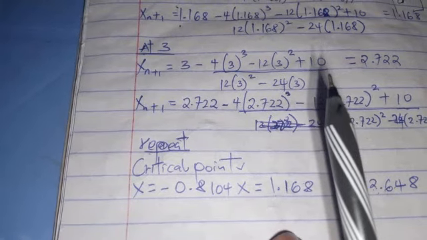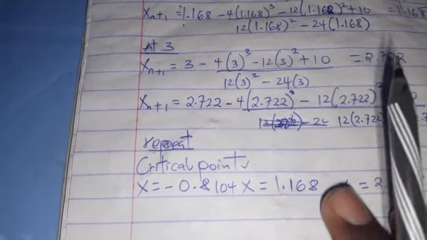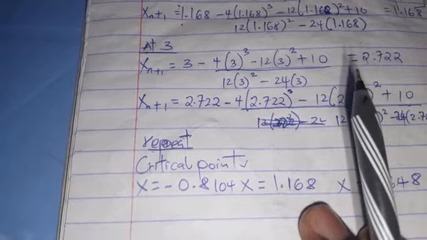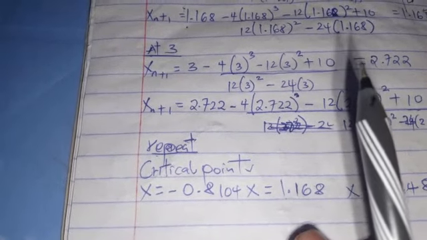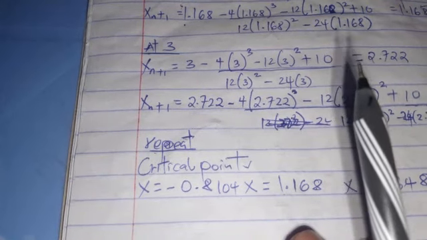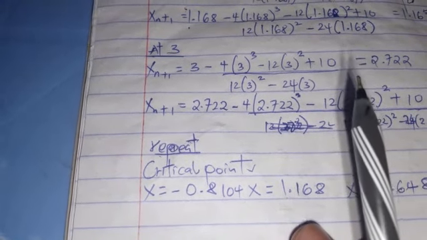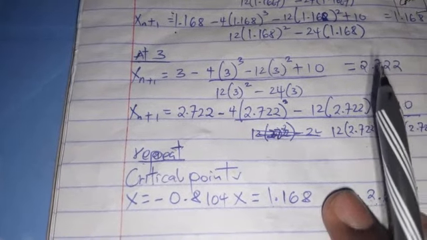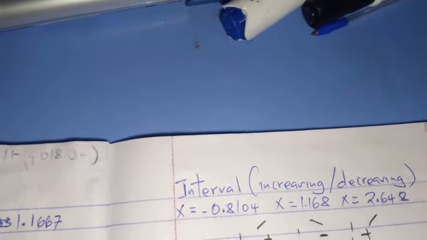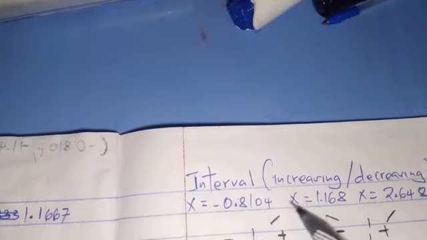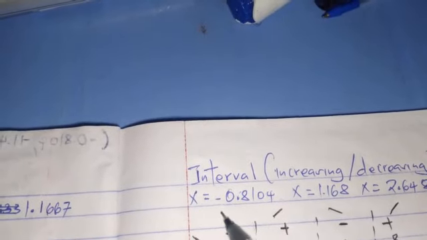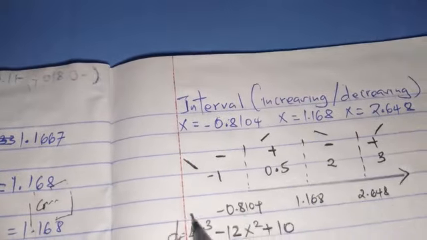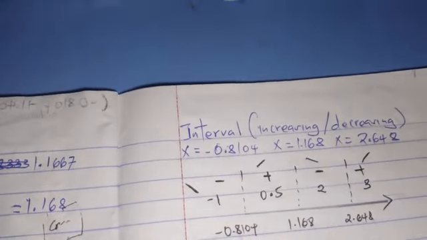So now we are going to see how these critical points are going to help us find the intervals. For we had said in our earlier discussion that the critical points are going to help us find the intervals where the function is increasing or decreasing. So these are the critical points. These are the values of x, so we are going to have the x axis.